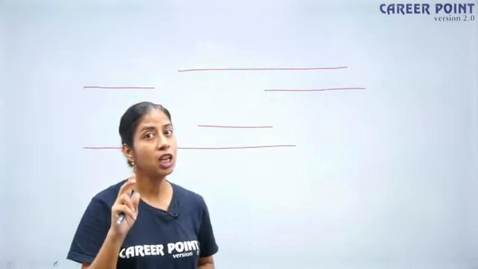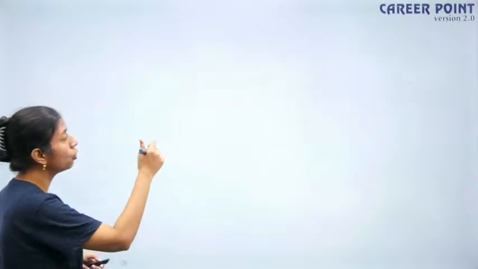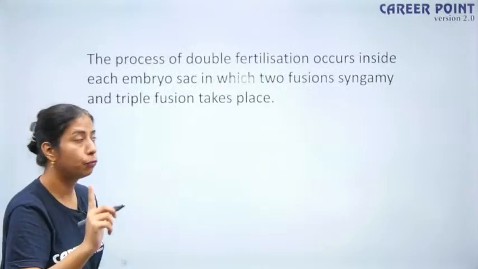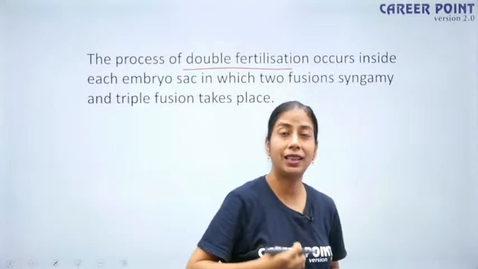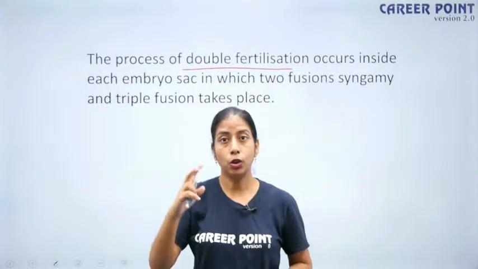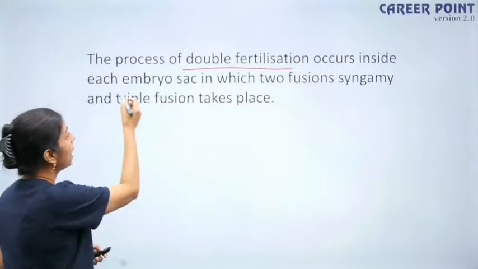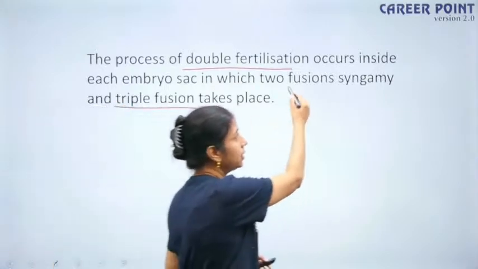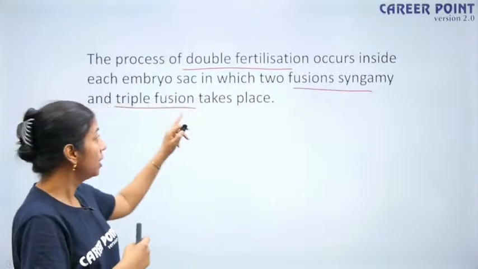क्योंकि यहाँ पे 2 फ्यूजन हो रहे हैं, that's why it is known as double fertilization. इस प्रोसेस को हम डबल फर्टिलाइजेशन बोलते हैं क्योंकि यहाँ पे 2 फ्यूजन हो रहे हैं. One is syngamy and another is triple fusion.